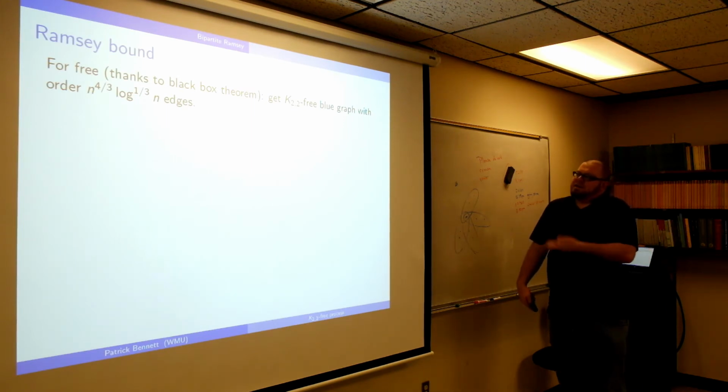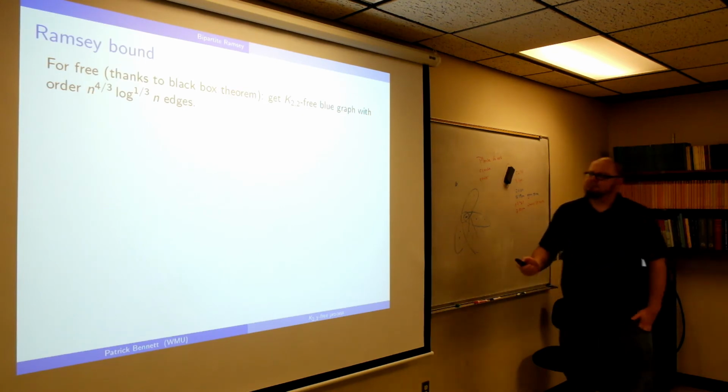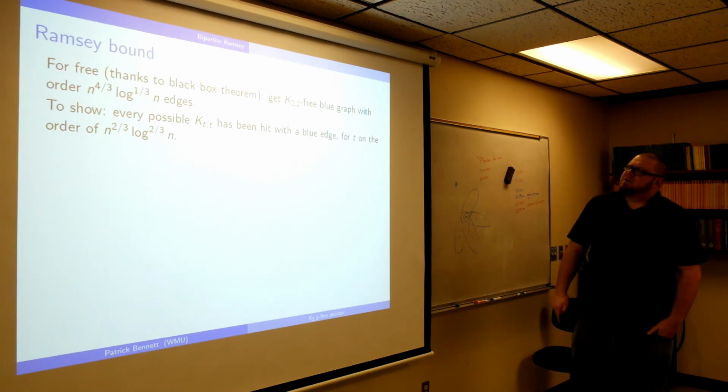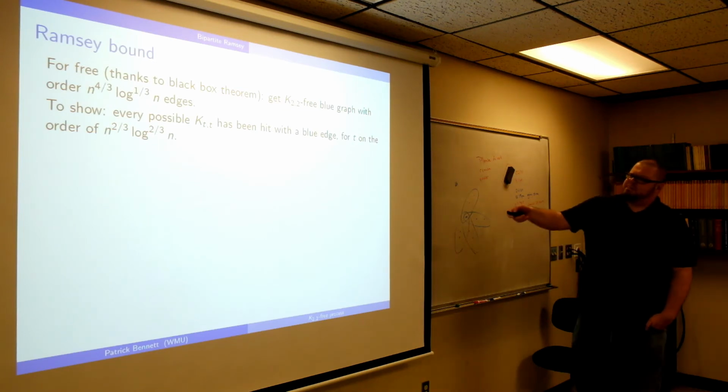So that theorem gives us a number of things, including that the final K2-free blue graph that we're making has a lower bound on the number of edges in it. What that theorem does not give us, so the work we have to do, is to show that there's no red K_{t,t}.